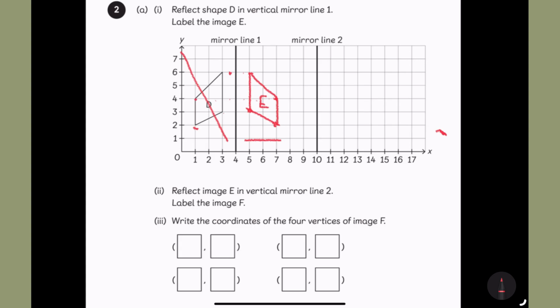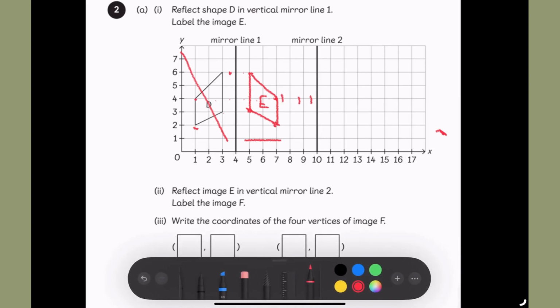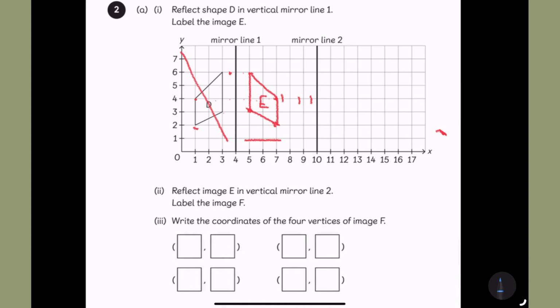I will count from the mirror line 1, 2, 3. So I will start with my 3 units, 1, 2, 3. Okay, my dot is here. Now above this one, 1, 2, 3, 4, and 5. I got my dot. Again, this is 3, but how much down? 1, 2 down.